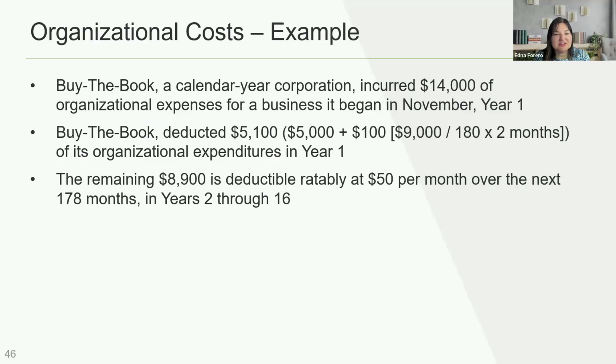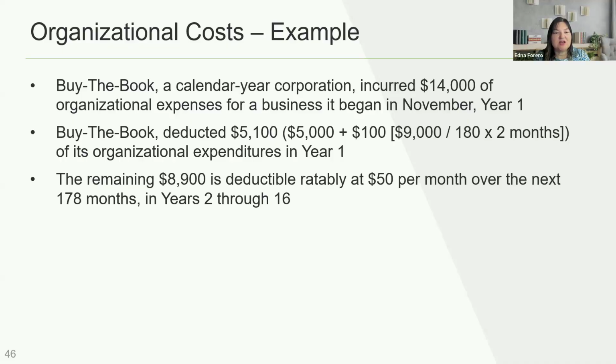By the book, a calendar year corporation incurred $14,000 of organizational expenses for the year the business began in November of year one. They deduct $5,000, because that's the limit, plus $100, and that $100 is for that month of December. That's $9,000, which is the remaining amount between the 14 and the 5, and they're going to divide that by 180 and multiply by 2 months, for November and December of its organizational expenses for year one.